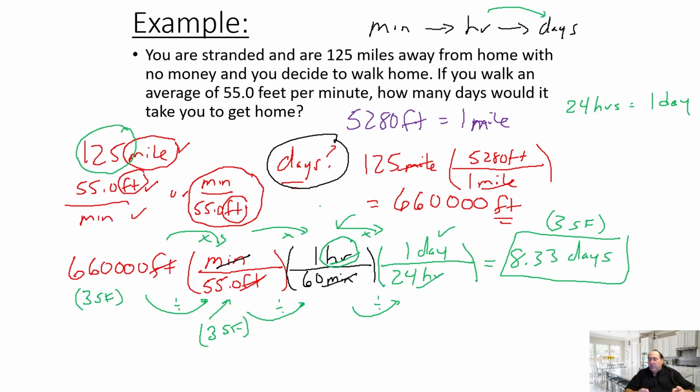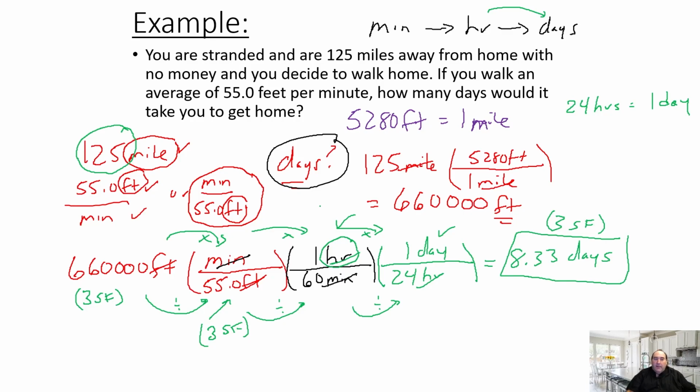This is how you're expected to show your work in this class and pretty much all the other chemistry classes you take. If you do not do that, you will not get full credit, so you do have to set it up. What do you need to show to get credit?